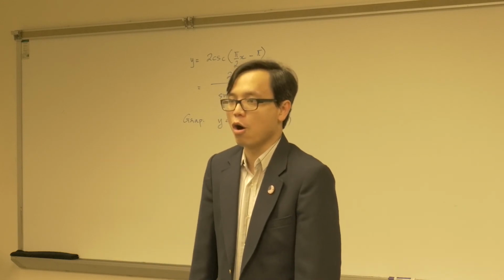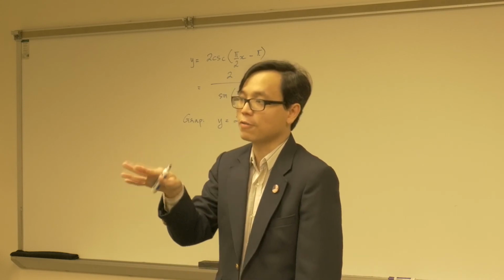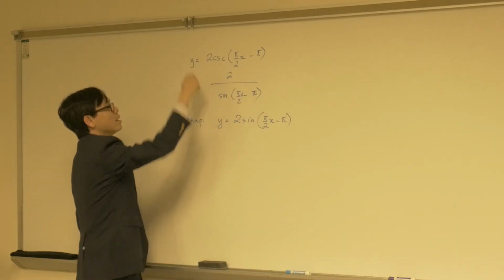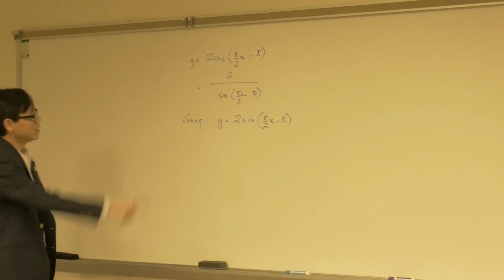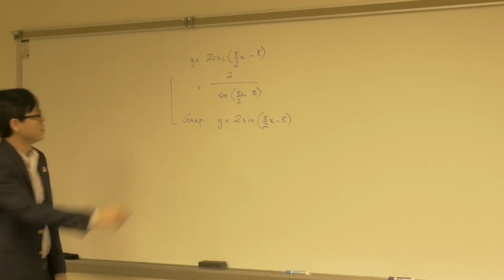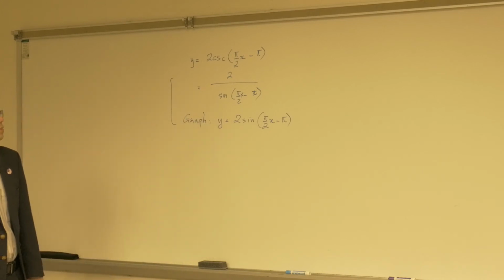I gave you 2 emails, so you ignore the first email. Last time I told you to fix this as 1 over 2 here, which is not good. So go ahead and write this part, so that you know that you have to graph y equals 2 sine of (pi over 2 x minus pi).